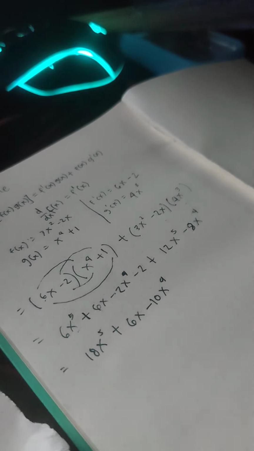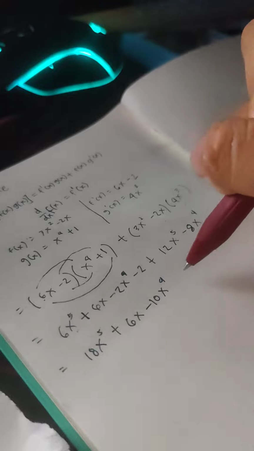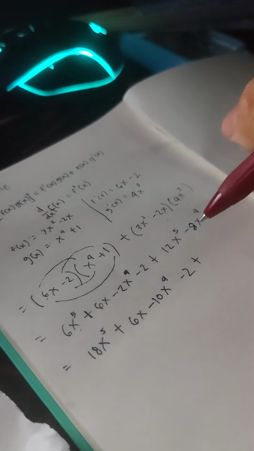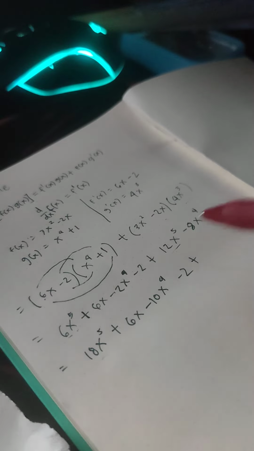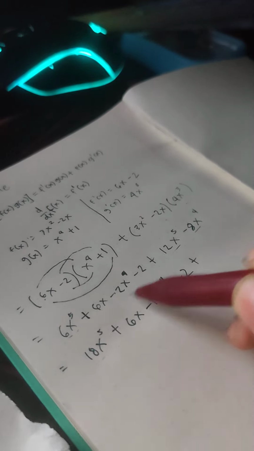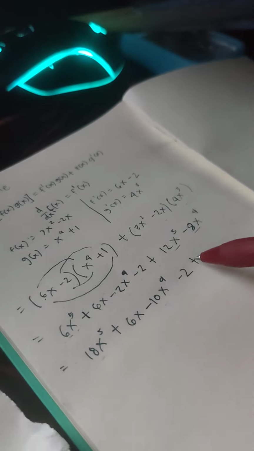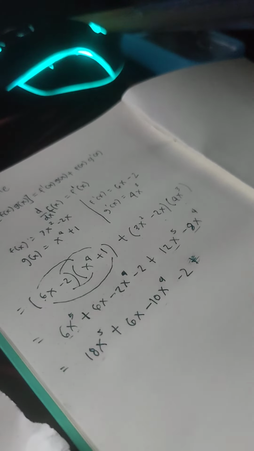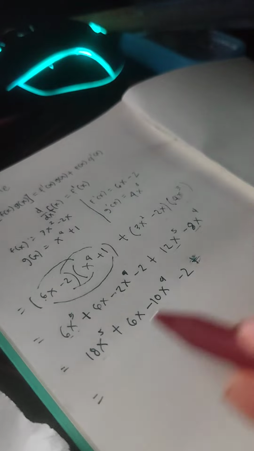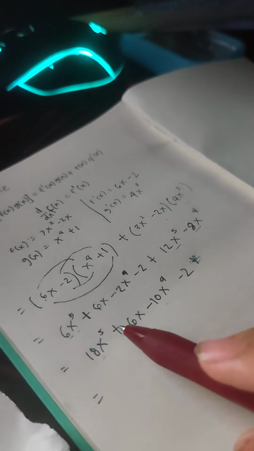Minus 2, plus, wala na, kasi ito kinumbine natin dito, di ba? Kaya naging ganito. Then ito, kinumbine natin dito, kaya naging ganito. So wala na yan. So kahit wag mo na i-continue yung plus dyan. And then usually, this is what they do. They arrange the terms such that the exponents are decreasing.